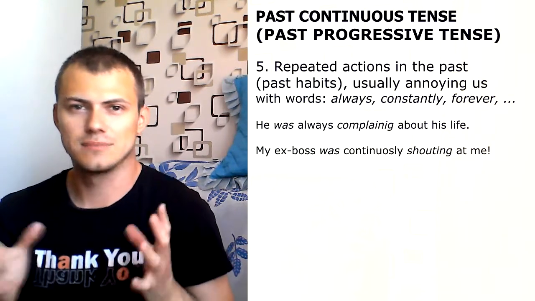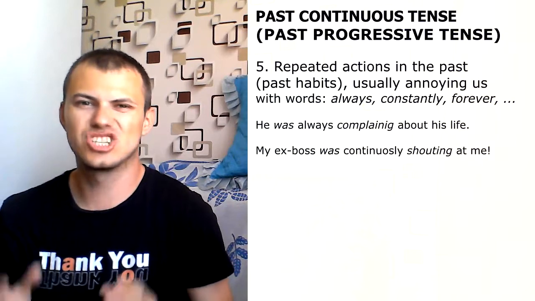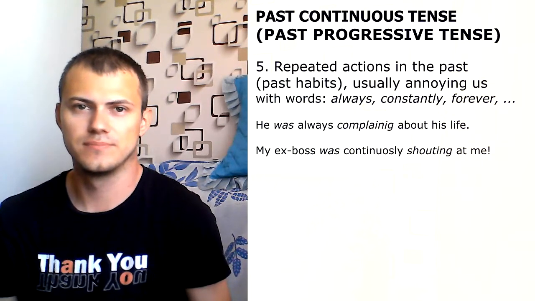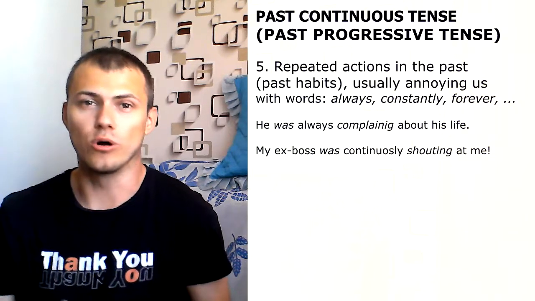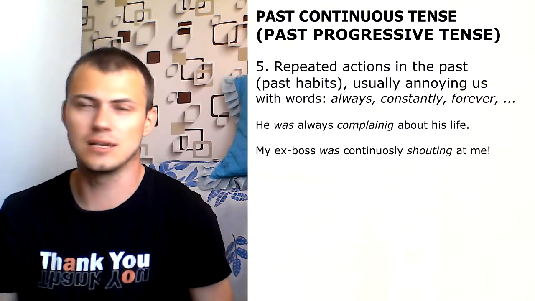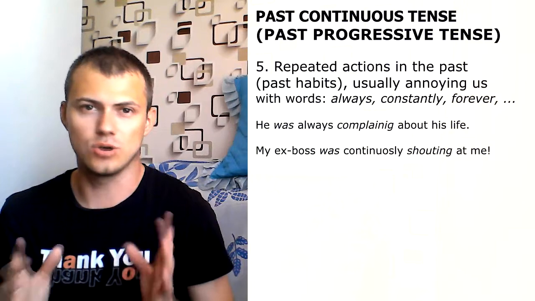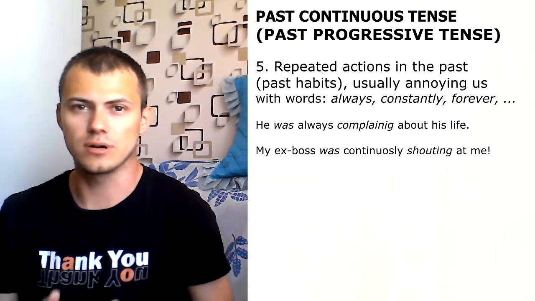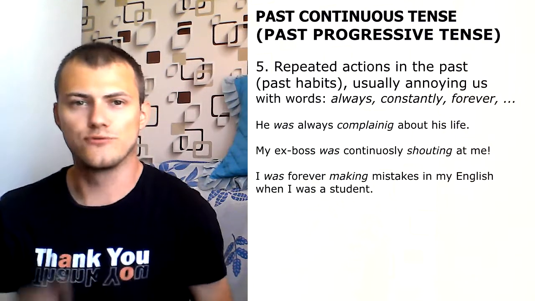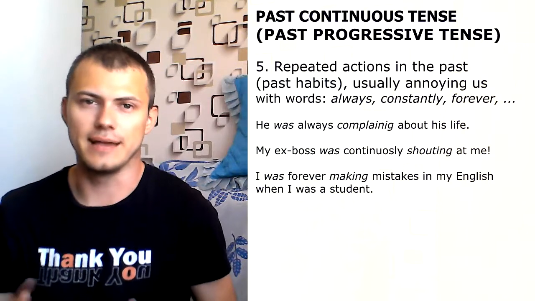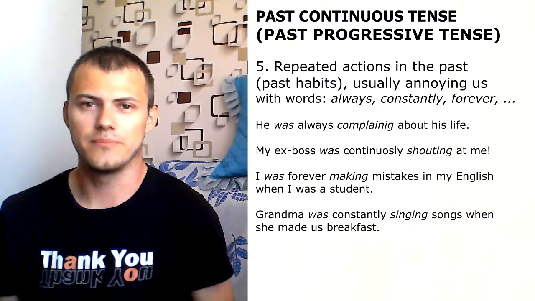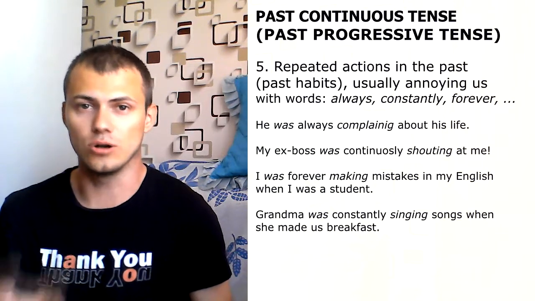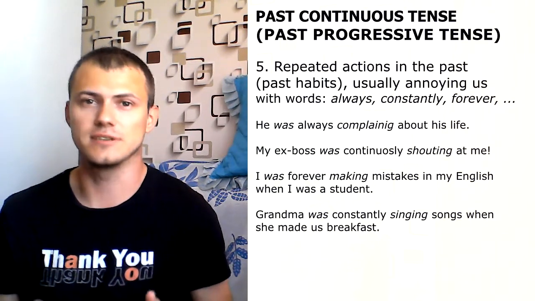My ex-boss was continuously shouting at me. As you can see, we normally use words like always, continuously, forever, and so on. A couple more examples. I was forever making mistakes in my English when I was a student. Grandma was constantly singing songs when she made us breakfast.